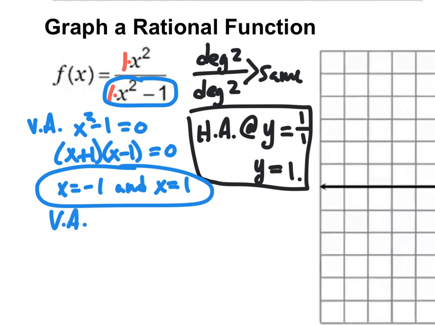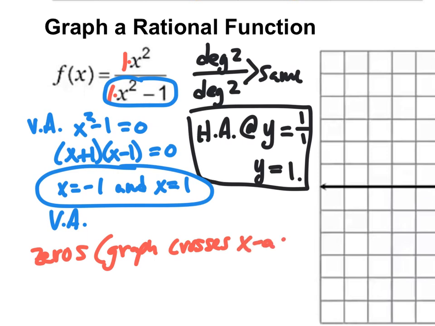The next thing I want to find are my zeros. Remember, this is where the graph crosses the x-axis. To find the zeros, you take your numerator, which is x squared, and set that equal to 0.